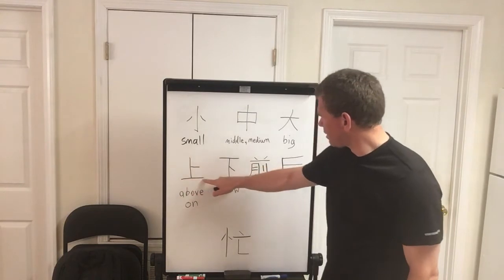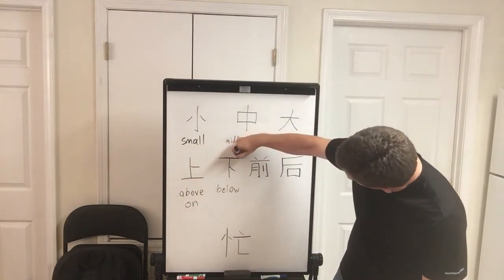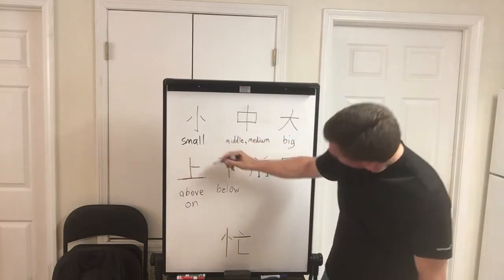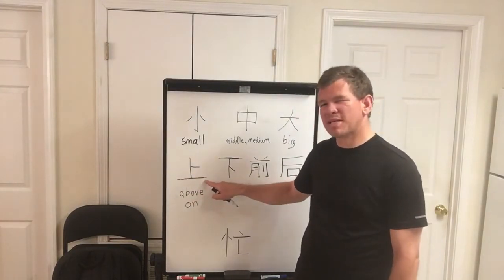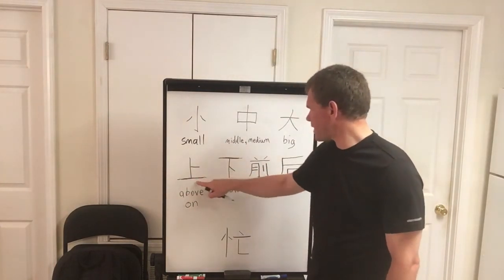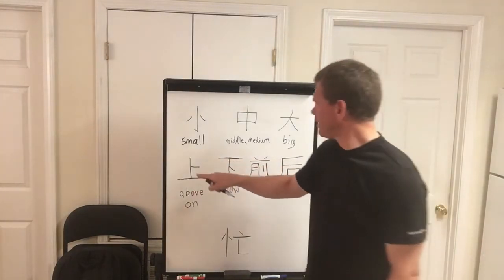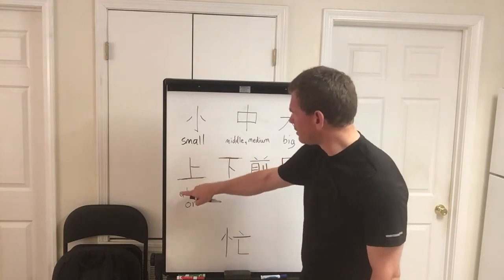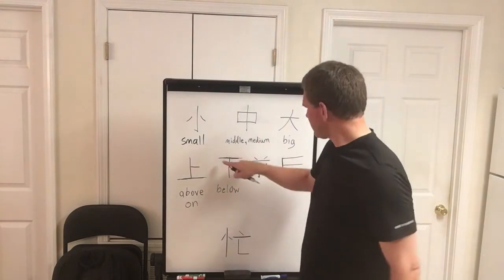If you think about it, this is the best way to look at it. On this one, the top one is the longest line. On this one, the bottom one is the longest line. Depending on the placement, the characters that are above this long line mean above.